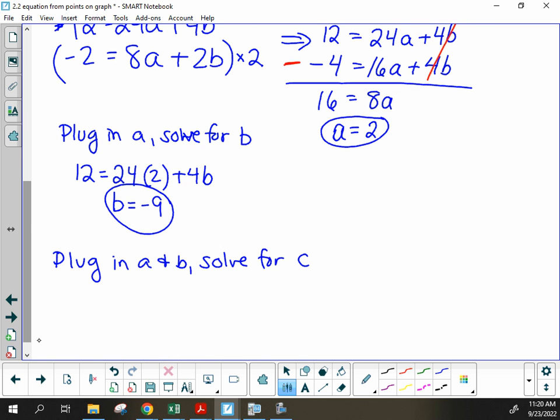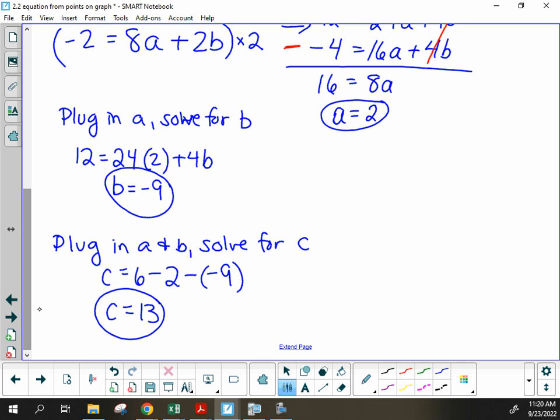So I have C equals 6 minus A, which was 2, minus B, which was -9. So just be careful with that. C ends up being 13. So nice whole numbers on this one. Not too messy, they don't get too large. Make sure you're writing down your final answer here. So y is equal to 2x squared minus 9x plus 13.